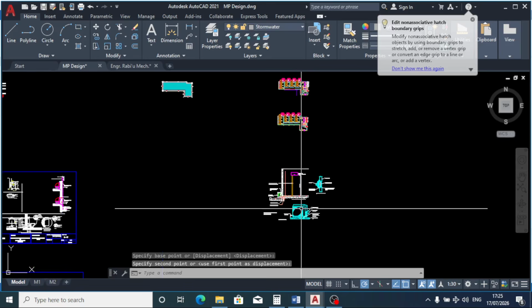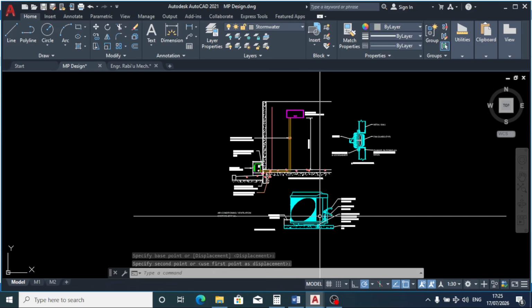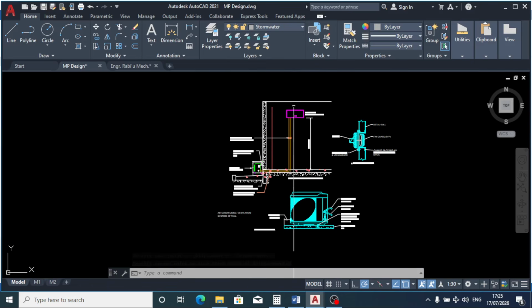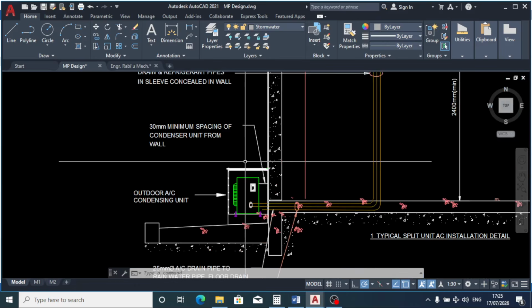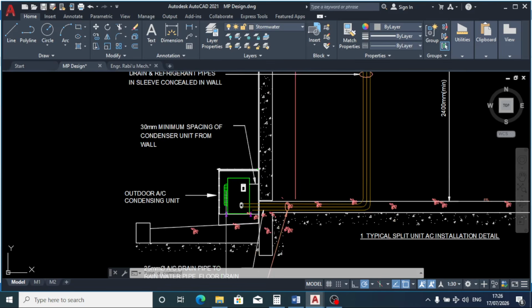So this is just installation details for our outdoor unit and indoor unit, wall mounted in this case. You can see this is the outdoor unit, the condenser, and these are the pipes, the refrigerant supply pipe, the return pipe, and the condensate pipe.